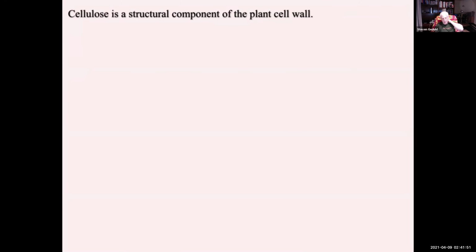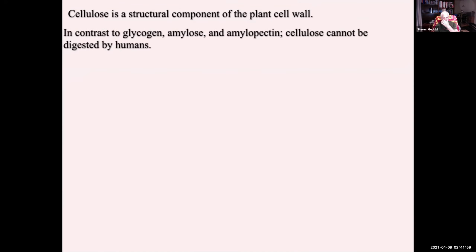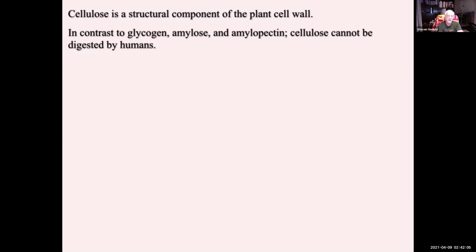Cellulose is a structural component of the plant cell wall. Remember, plant cells have a cell wall, human cells do not. In contrast to glycogen, amylose and amylopectin, cellulose cannot be digested by humans. We cannot break it down. We don't have the same bacteria in our guts as cows do that break down the cellulose. We cannot digest cellulose.